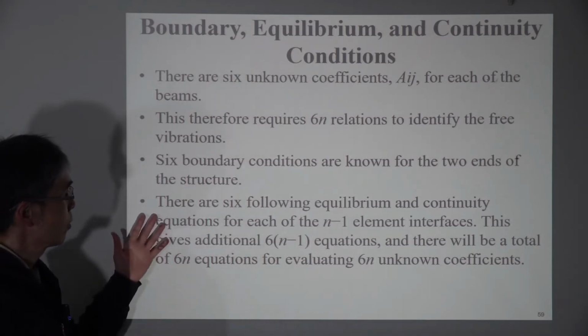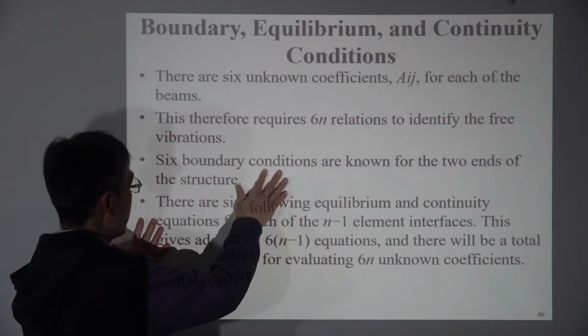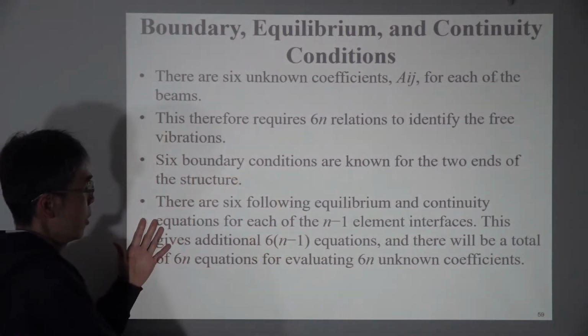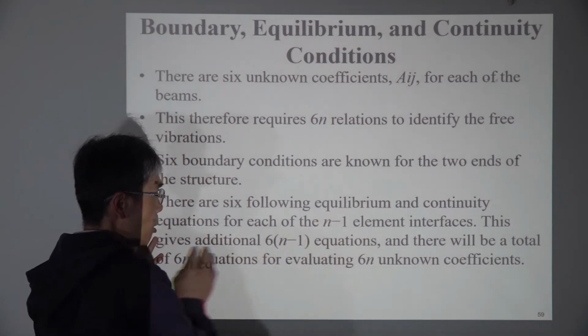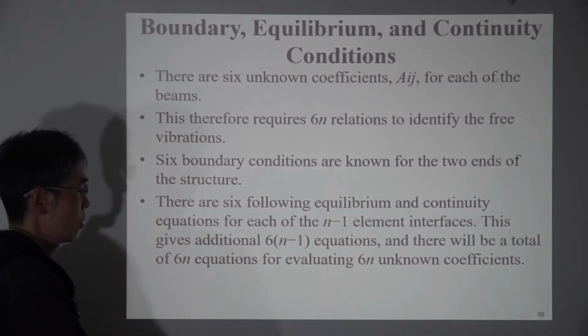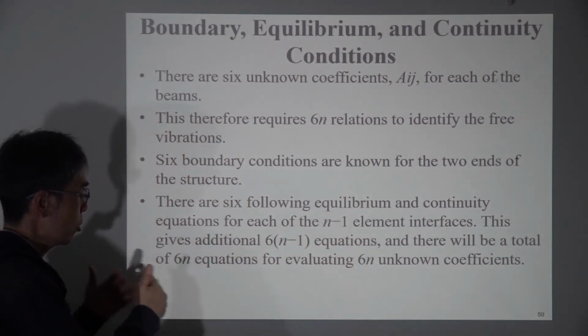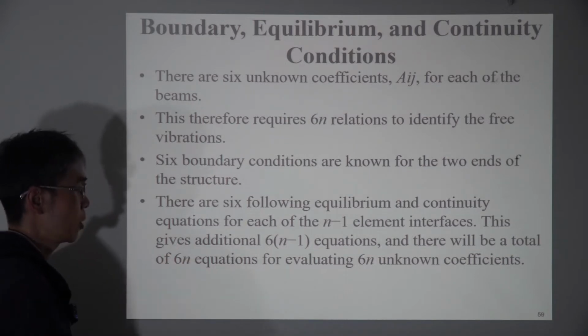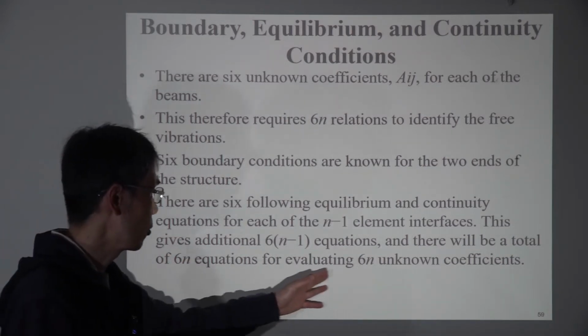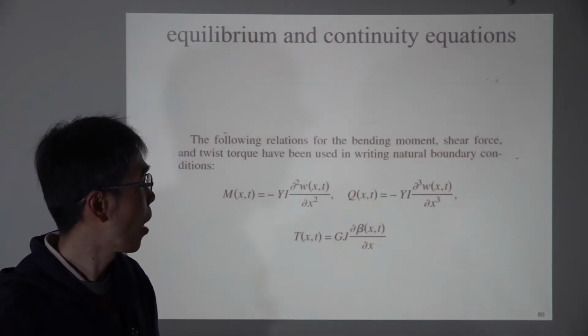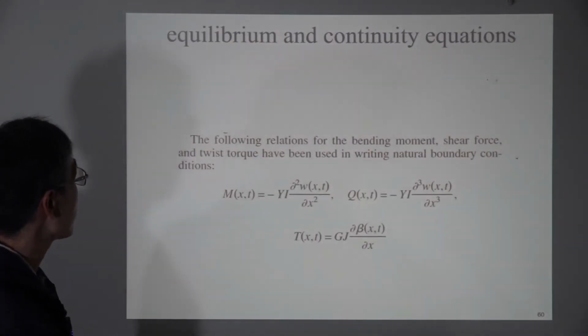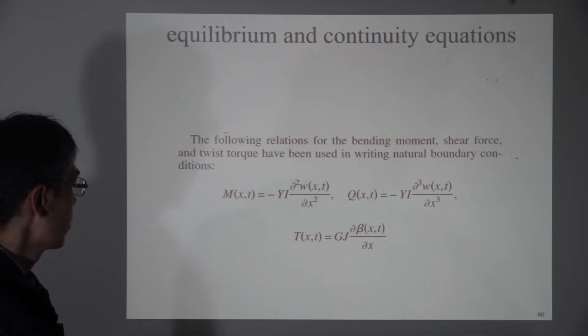So each beam we have 6 boundary conditions. Then we can have the equilibrium equation and the continuity equation. So in total we have 6n equations to solve for the 6n unknowns.